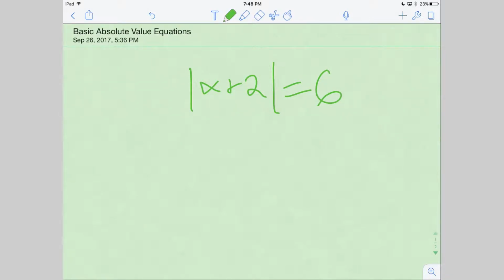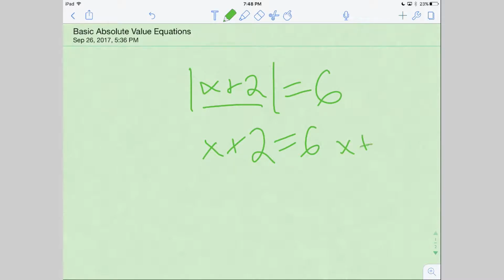Now, the thing is that we have absolute value here. So what could be inside this absolute value? We could have a 6, because the absolute value of 6 is 6. Or we could have a negative 6, because the absolute value of negative 6 is also 6. So we can say that x plus 2 equals 6 is one possibility, because in that case, everything inside the absolute value would be 6, and then the absolute value of 6 is 6, so that would work.